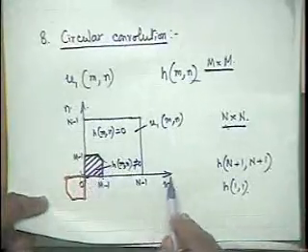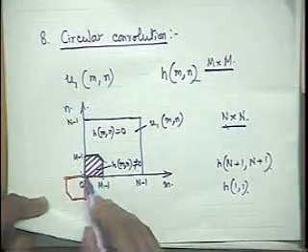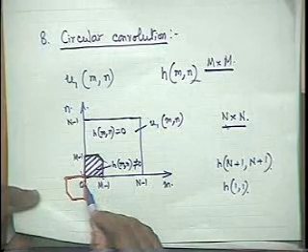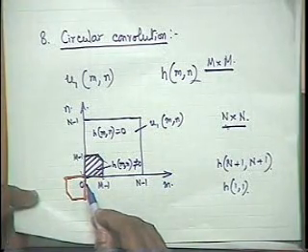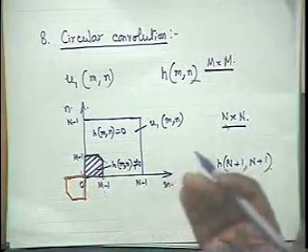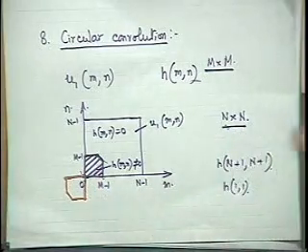If we choose an m prime n prime coordinate system over here, then choosing the function as h of minus m prime and minus n prime would have meant that we would have taken a simple image of the function, rather a folding of the function, in the negative region.